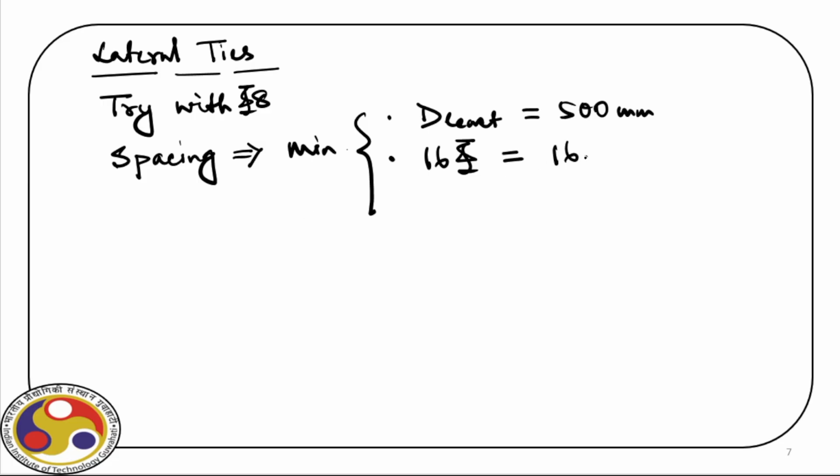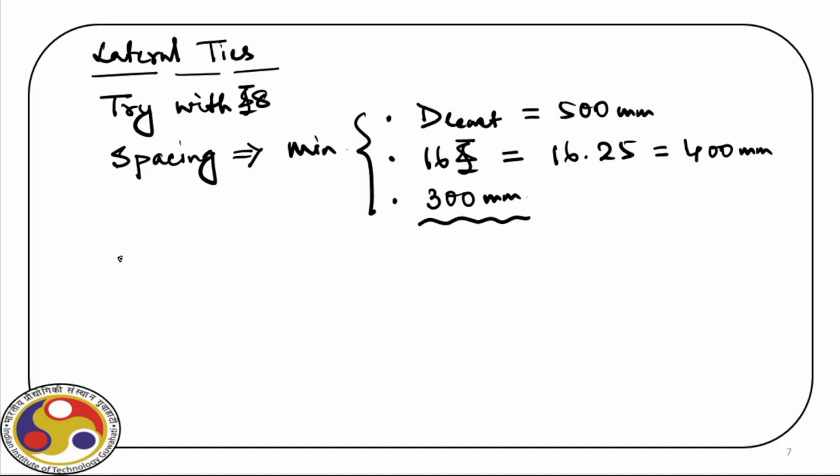So 16 times 25, which is equal to 400. And the last one is minimum 300 millimeter we have to provide. So based on all these options, what we conclude is that the spacing of the lateral tie is 300 millimeter.